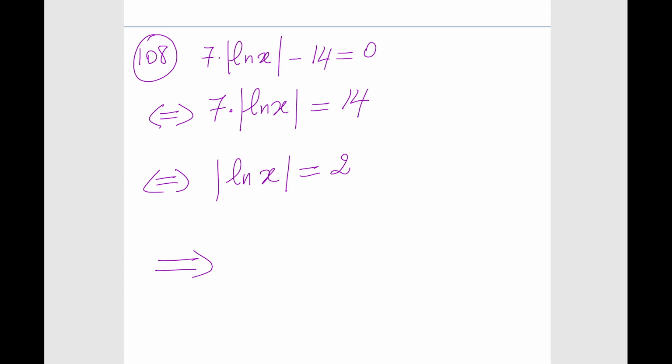And this is something we've talked about before. If b is a non-negative number, the absolute value of a equals b is equivalent to saying that a is plus or minus b, right? Agree with me?